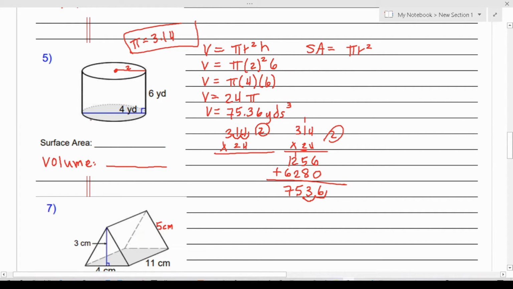But in this case, there's actually 2 of them, so we're going to have to multiply that by 2. And to find the surface area of this shape between the circles, what we're going to do is find the circumference of one of these circles and then multiply that by the height of this cylinder. So how do we find circumference? That's going to be 2 pi r times height.